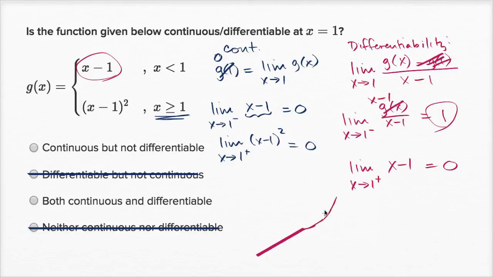And so the graph is for sure continuous, but our slope coming into that point is 1, and our slope right when we leave that point is 0. So it is not differentiable over there. So it is continuous but not differentiable.